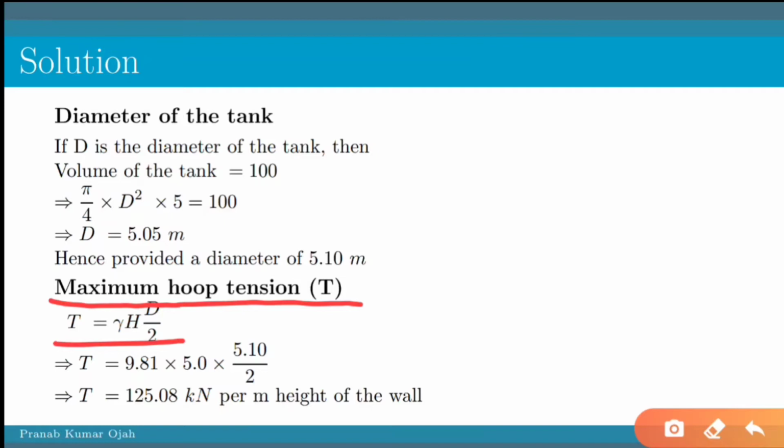So if I put the values of gamma, H and capital D, that is the diameter, then it will be calculated as T equal to 125.08 kilonewton per meter height of the wall. So hoop tension is 125.08 kilonewton per meter height of the wall.